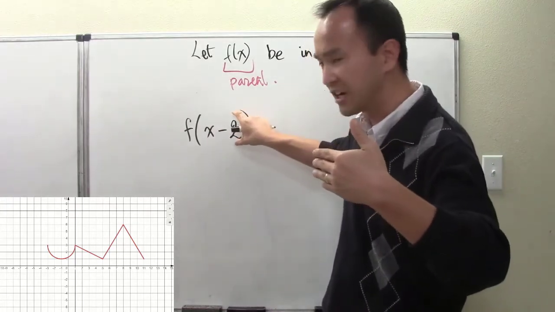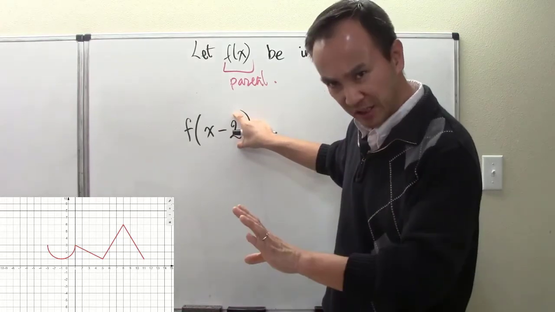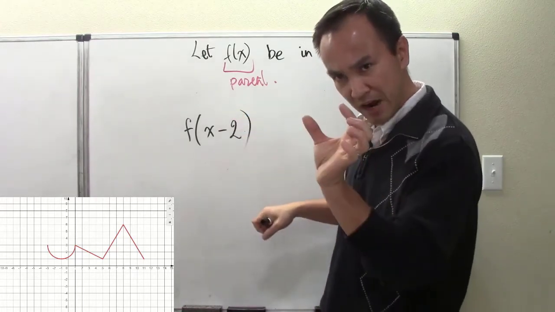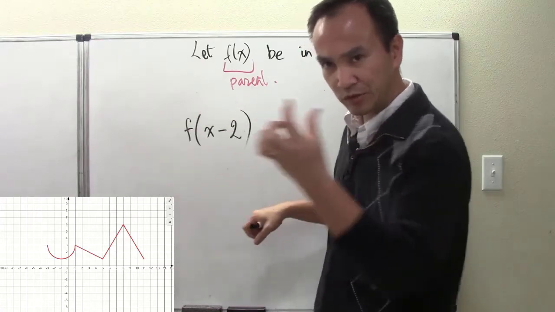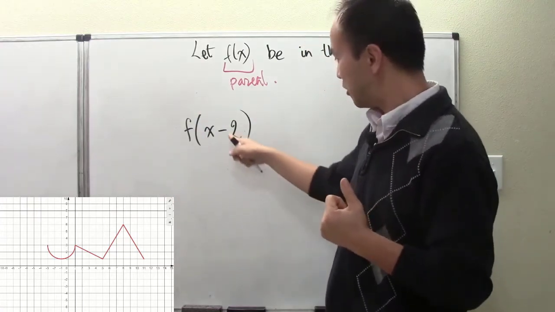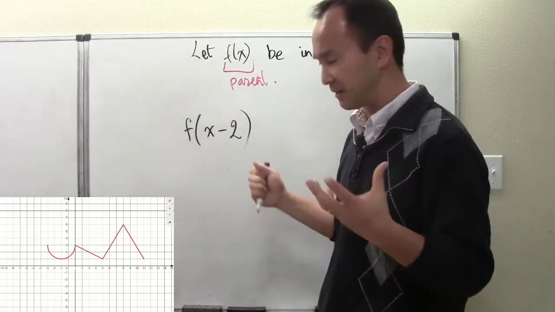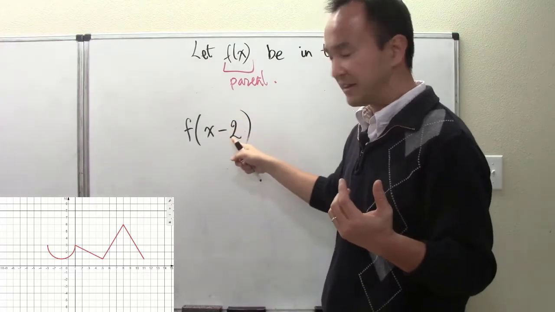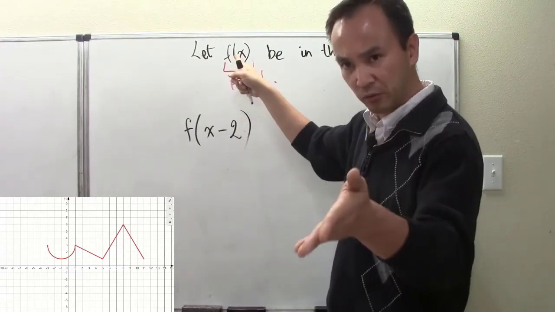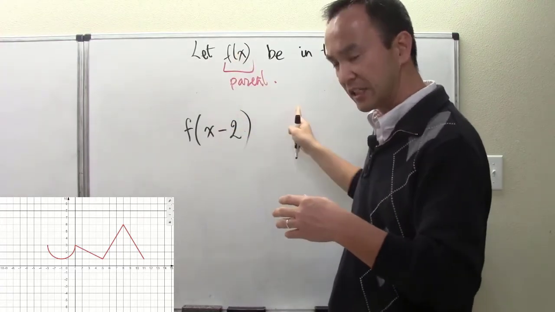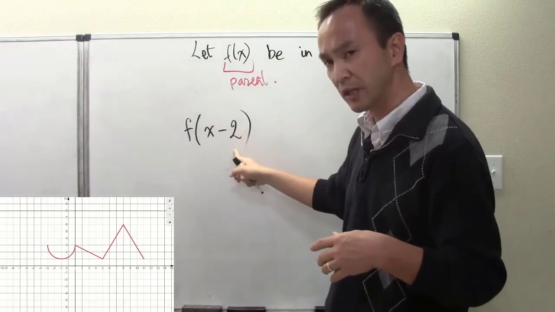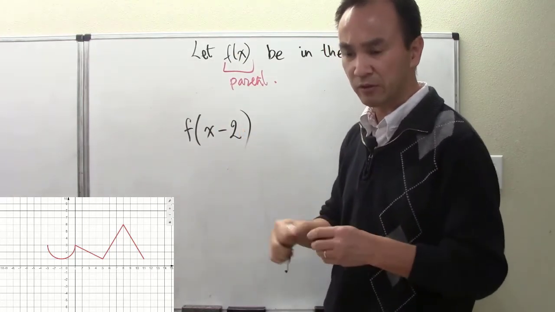Whatever number comes after the subtraction will be the amount being shifted either to the left or to the right. So an expression like this indicates we're going to shift this function's graph to the right-hand side by 2 units. Let's double check with the result.